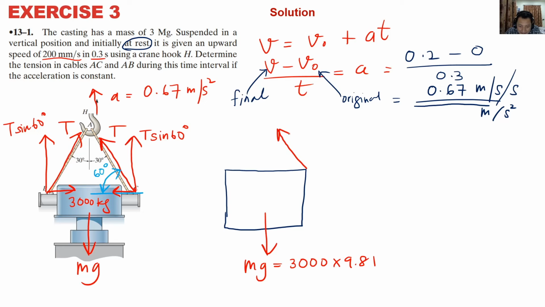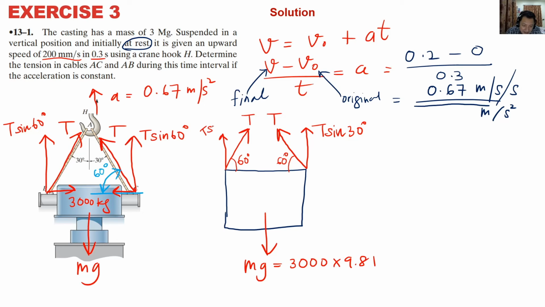Our force is like that. The other force is like that. This is T, this is T. Angles. This angle is actually 60 degrees. So this portion is actually T sine 30 degrees.